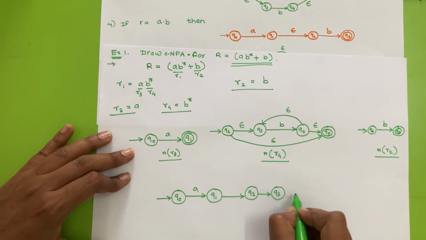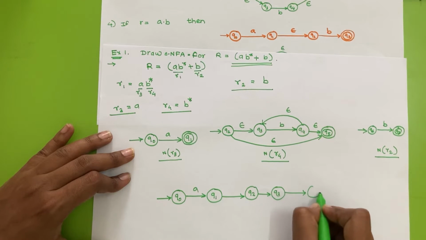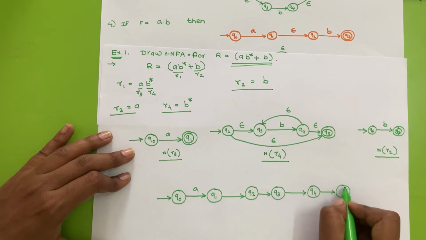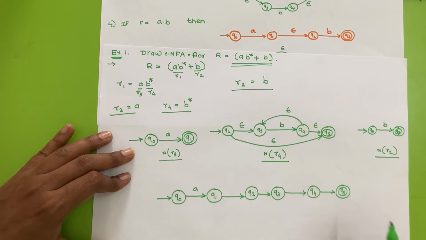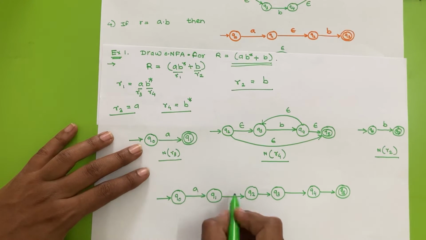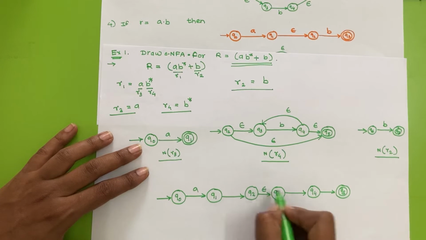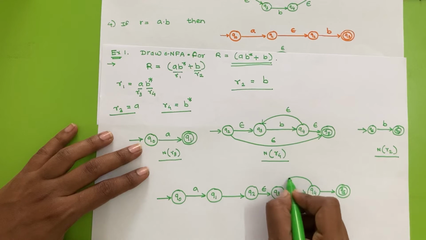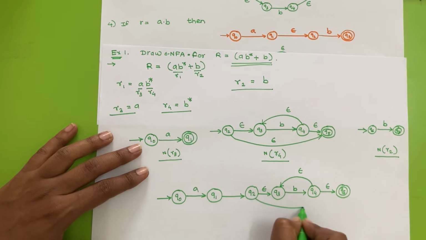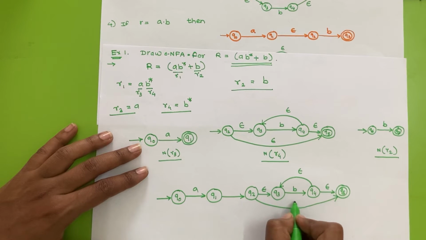So this will be Q2, then Q3, Q4 and Q5. Here is the diagram for R3, then this will be the diagram for empty, then B, then empty, then empty and empty.